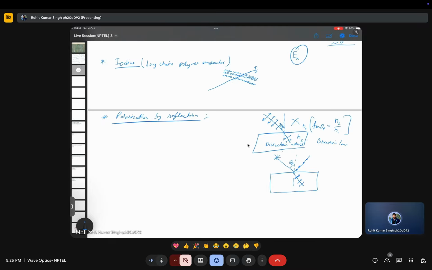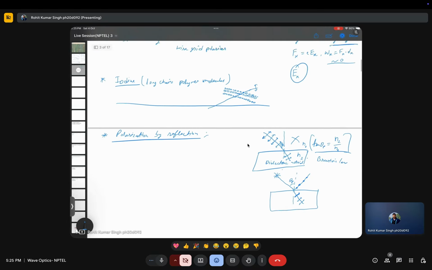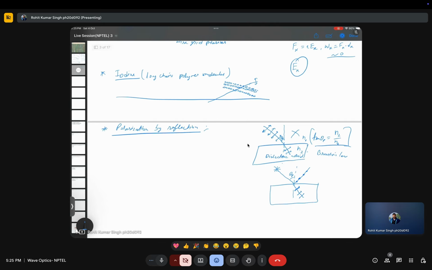Now this also happens, I mean the basic principle is similar to what we discussed here, but for this specific material, there is this specific criteria, okay, for the dielectric materials.